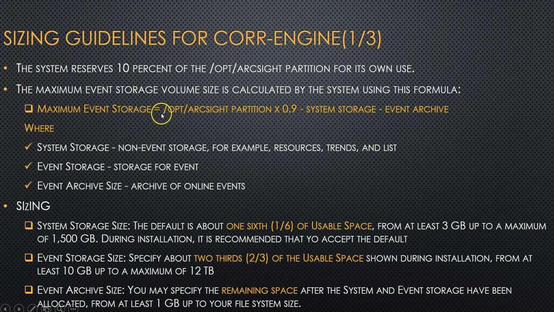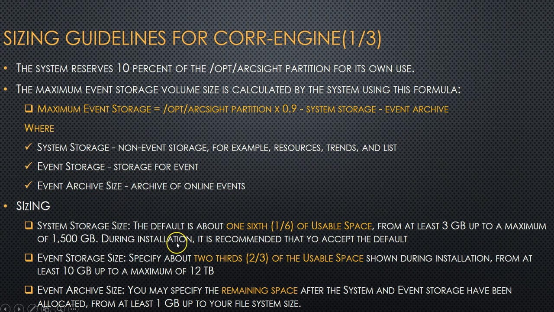So, given this equation and these definitions of system storage, event storage, and event archive storage, these are the sizing guidelines for allocating the appropriate sizes for each of these storages.